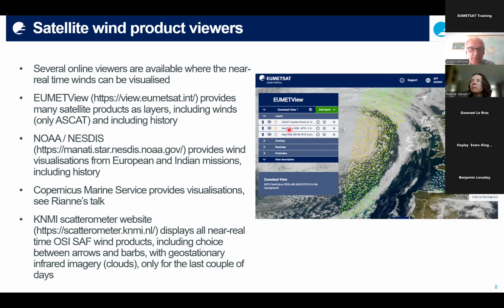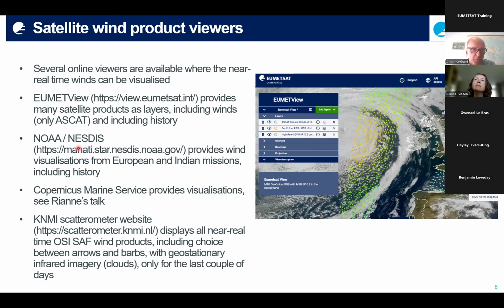But it's only ASCAT, so the other satellites that the OSI SAF produces are not yet in. But it's a very nice tool, and you can really combine nicely what you want to see. So here you see ASCAT winds together with an infrared cloud image from a geostationary satellite.